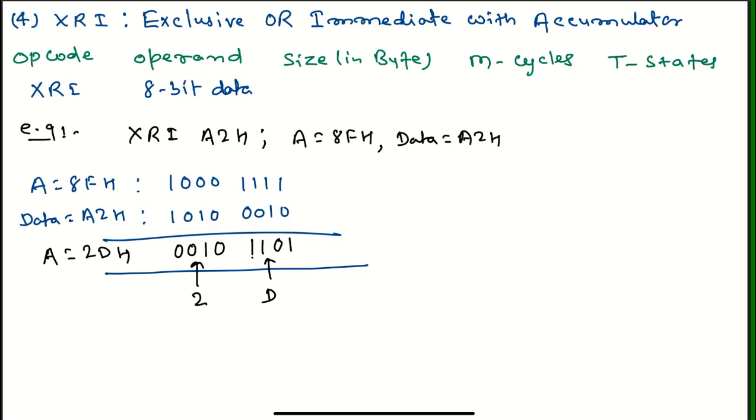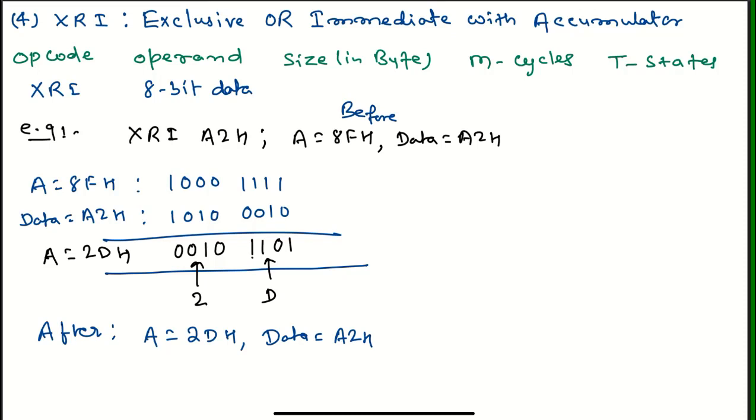This is the data before, and after the execution of this instruction, the accumulator content will become 2DH, and the data will be the same as what we had taken, A2H itself.